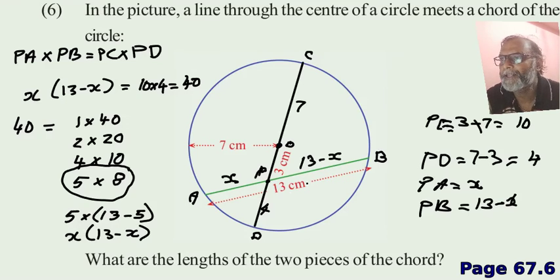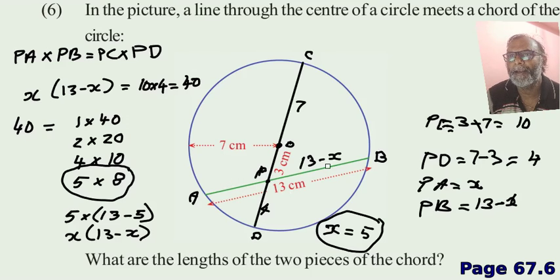So we got that X is equal to 5. The value of X is equal to 5. That means we can replace this X with 5 and 13 minus X with 8.